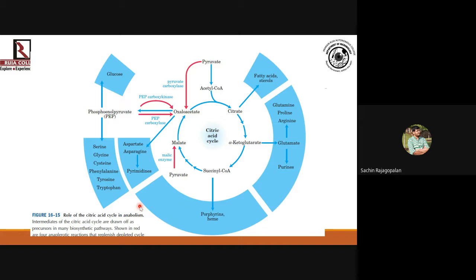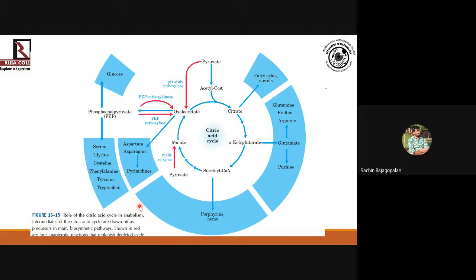This glutamate is a very significant amino acid for a basic reason: if you have glutamate with you, by carrying out transamination reactions, you can synthesize other amino acids also, like glutamine, proline, arginine, because of which glutamate is given that kind of significance.